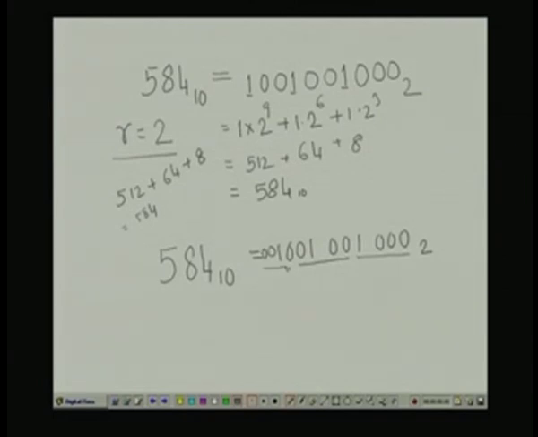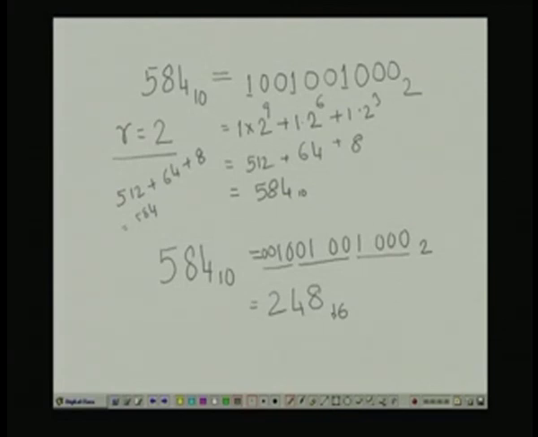Now 0010 is my 2, then 0100 is my 4, and 1000 is my 8. So this is 248 in hex, which matches our previous result.